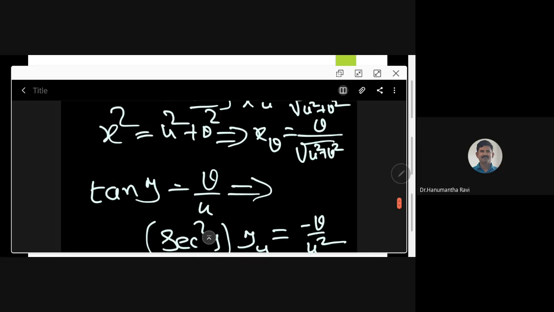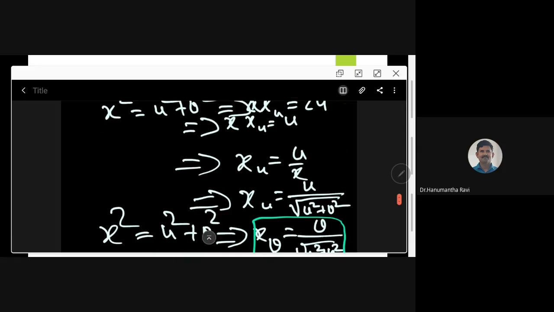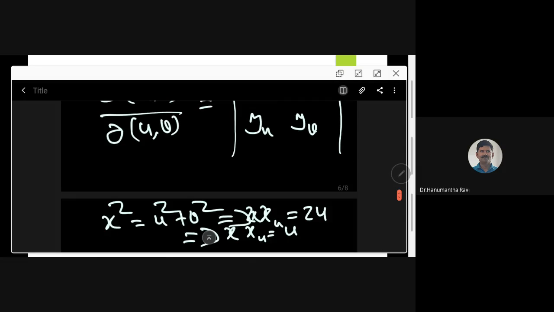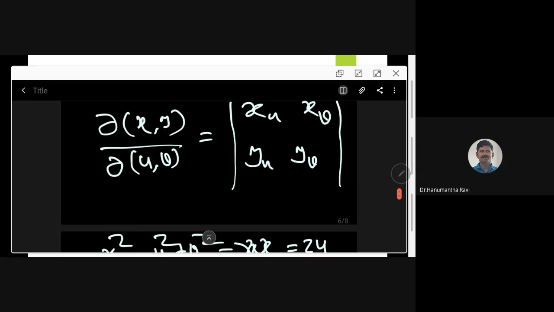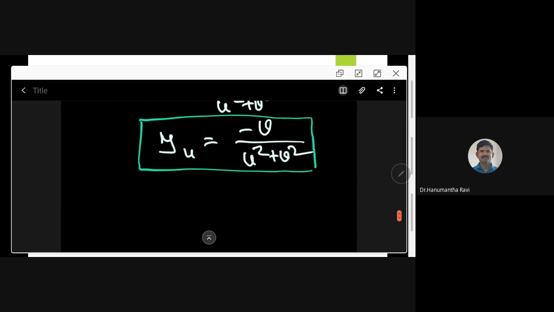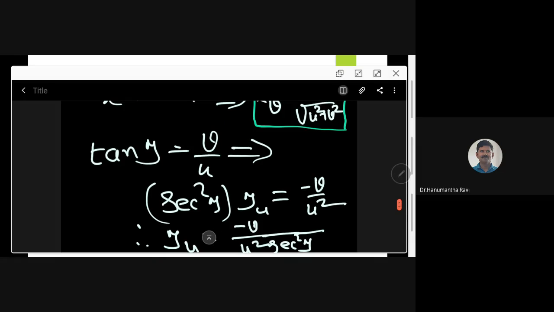What else is to be computed? We have computed yu. We need to compute yv, which also can be obtained from here.